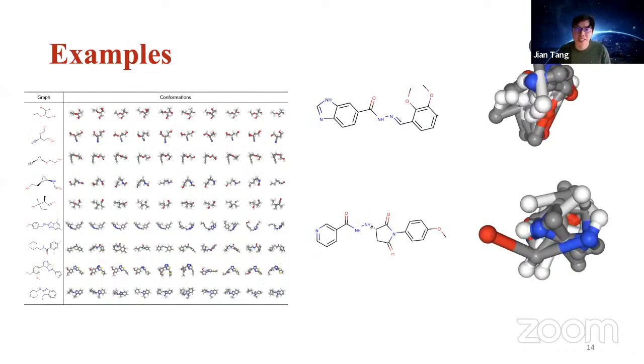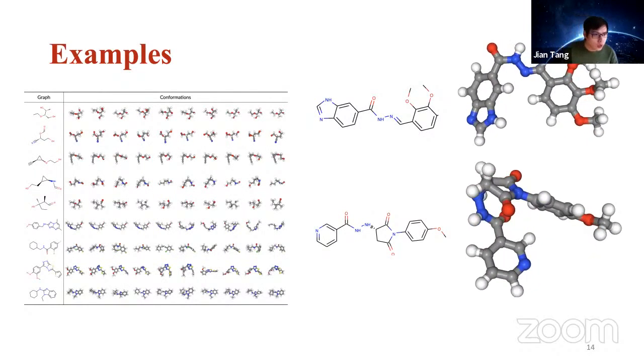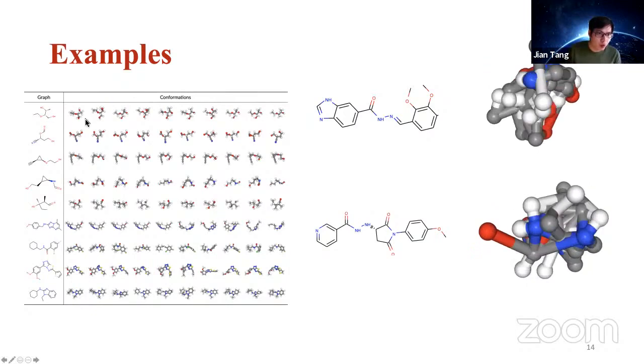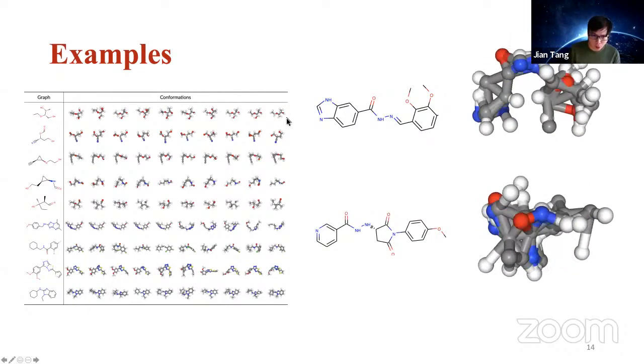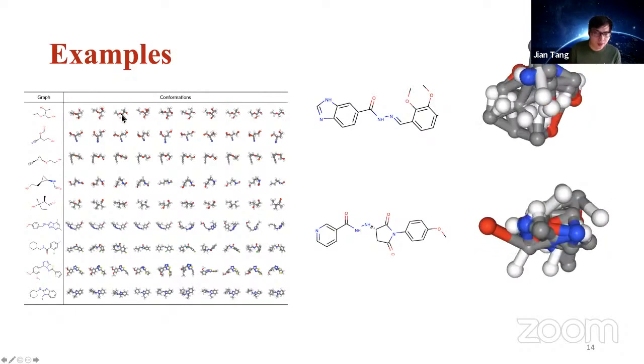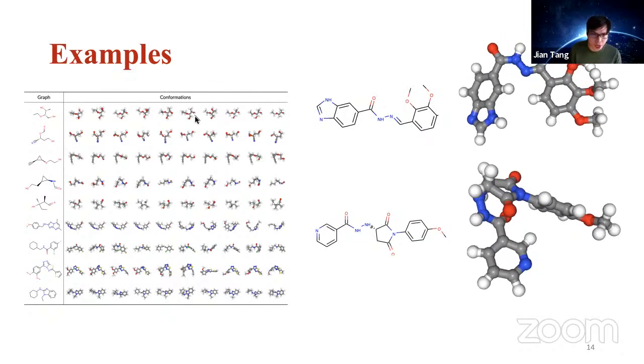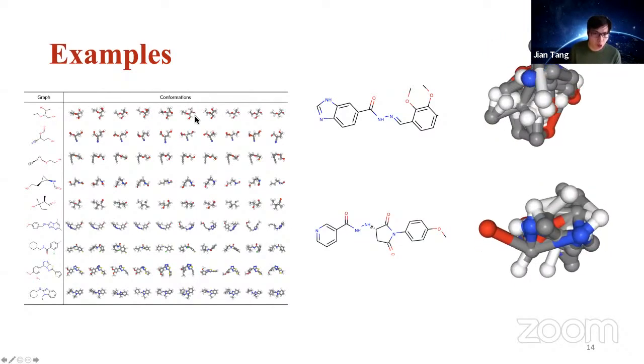So here are some examples of the conformations we generated by our algorithm. Here is a given molecular graph, and here is a set of conformations sampled from our algorithm. You can see our algorithm can sample very diverse conformations of the molecular graph.